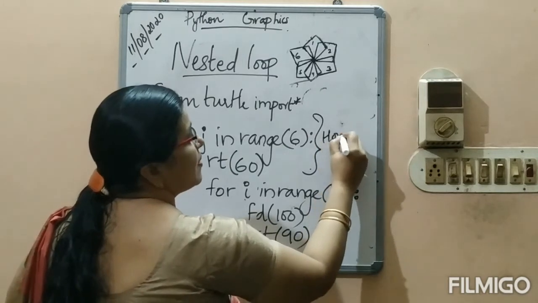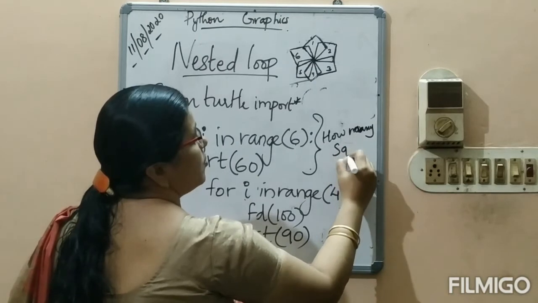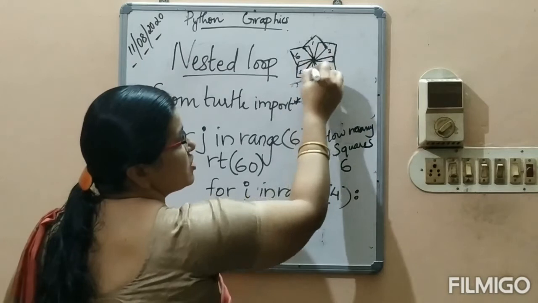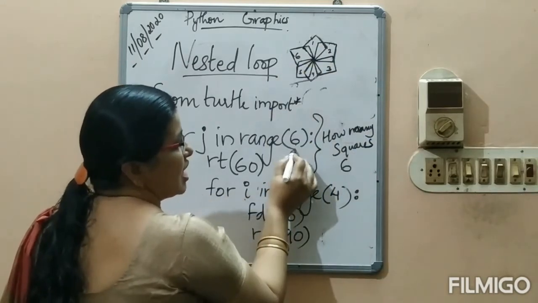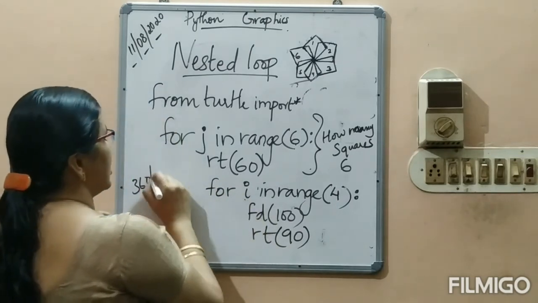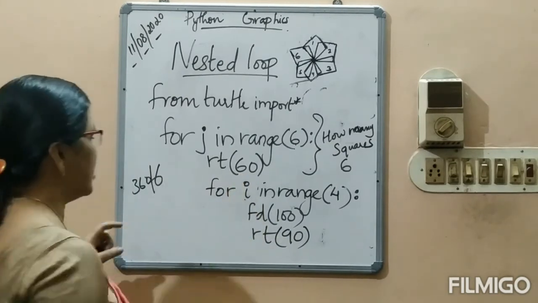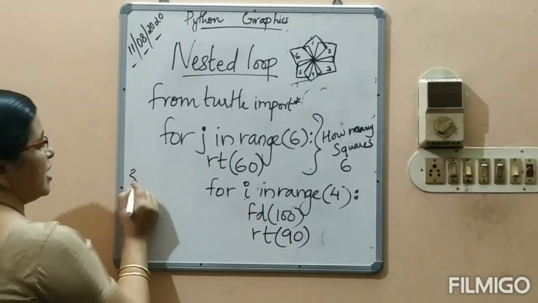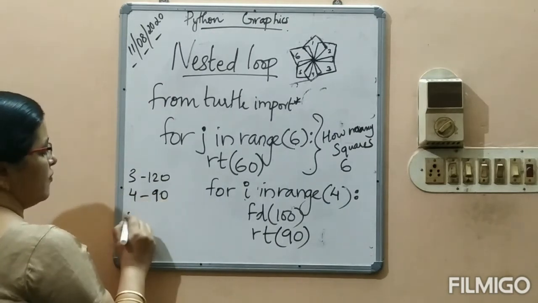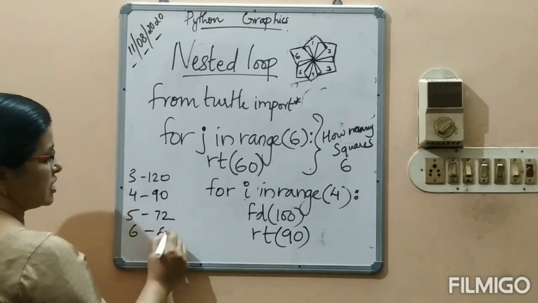How many squares. 6. If it is 6, what will be RT? 360 divided by 6. That is 60. You have to learn this. If it is 3, 120. 4, 90. 5, 72. 6, 60.